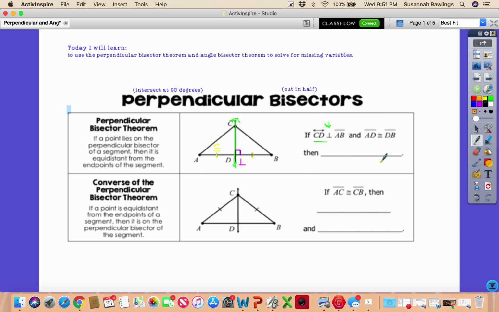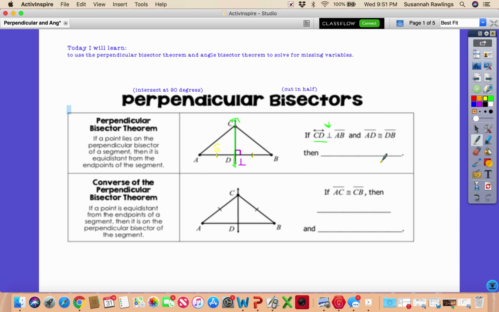Okay, so once we've determined that that's my perpendicular bisector, the perpendicular bisector theorem, or just the rule that goes along with it, tells me that it is equidistant, so the same distance from the endpoints of the segment.